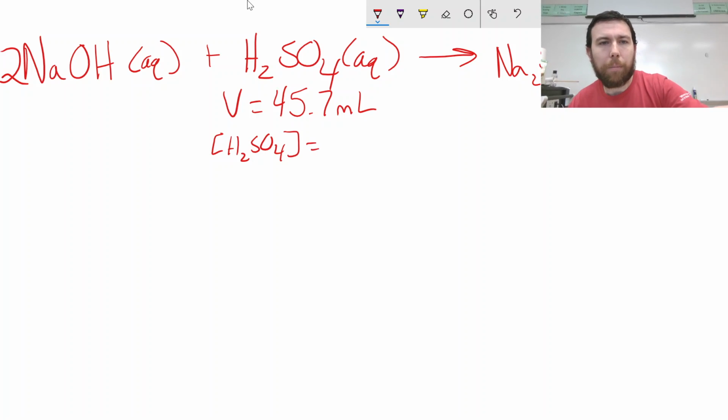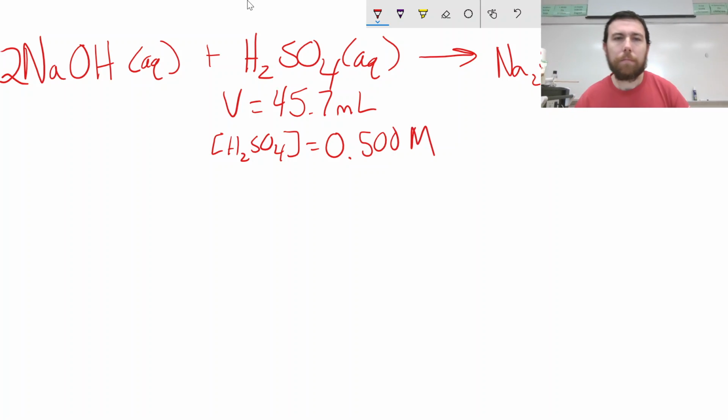And by the way, remember that you can represent concentration by simply placing the substance in brackets, and that just stands for concentration. So the concentration of the sulfuric acid was 0.500 molar.